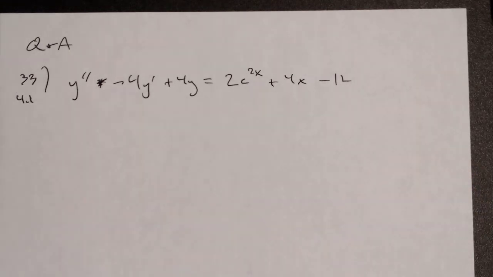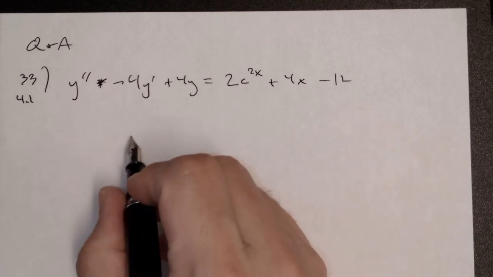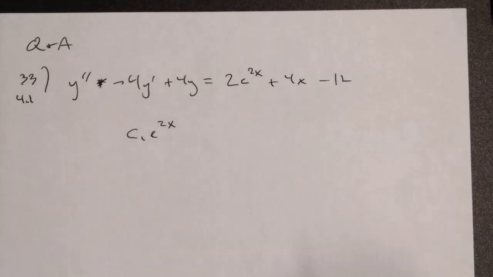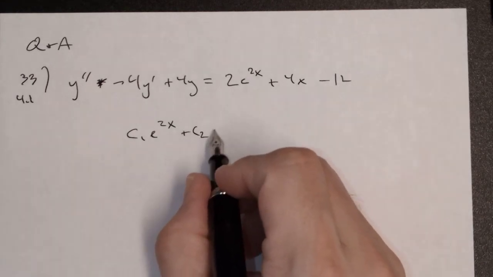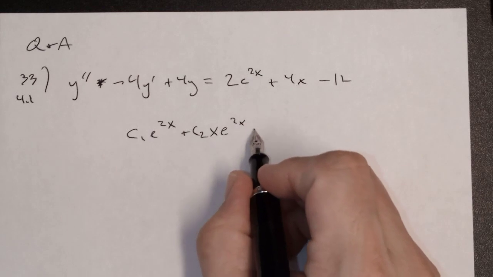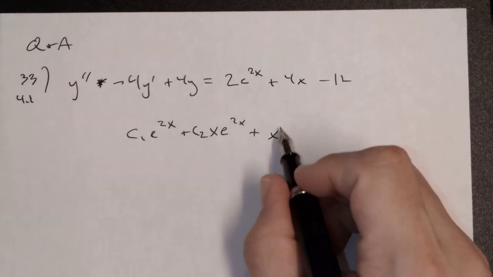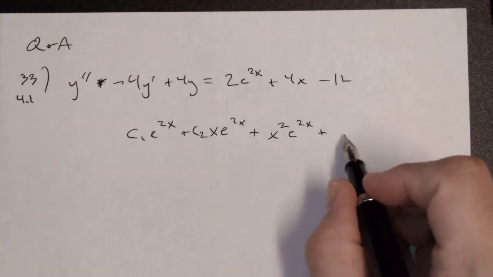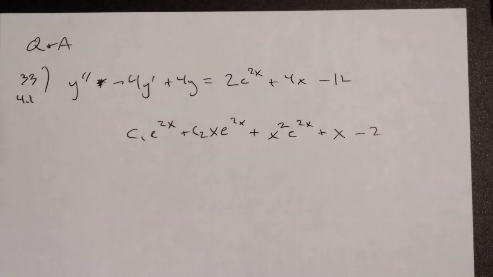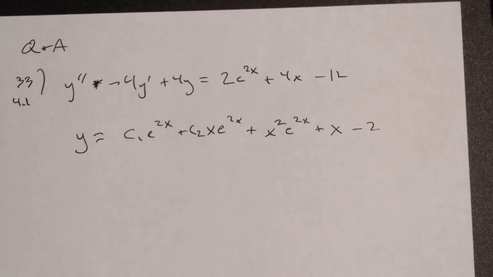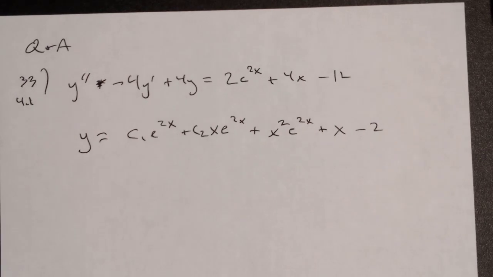And our solution is c1 e to the 2x plus c2 x e to the 2x plus x squared e to the 2x plus x minus 2. And we want to show that this is a solution, right?